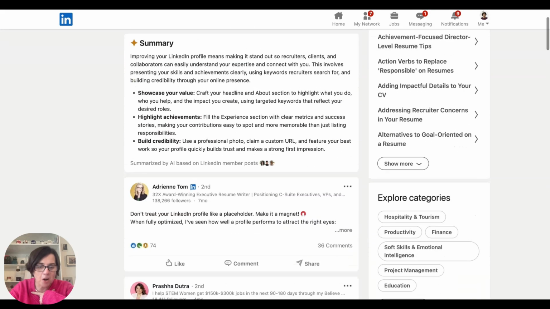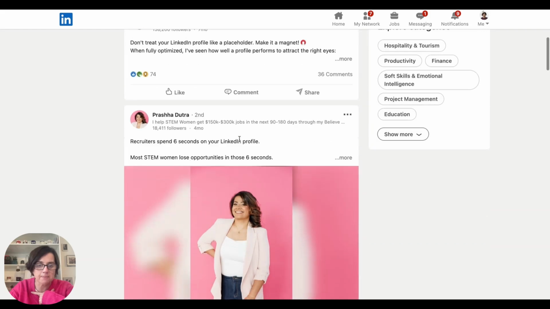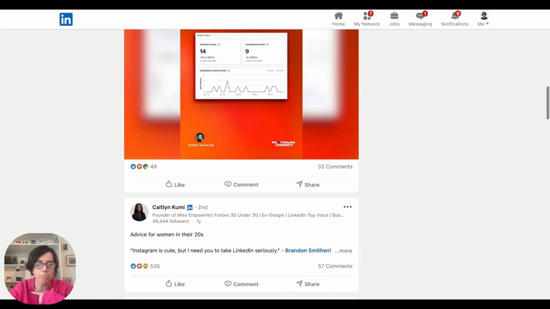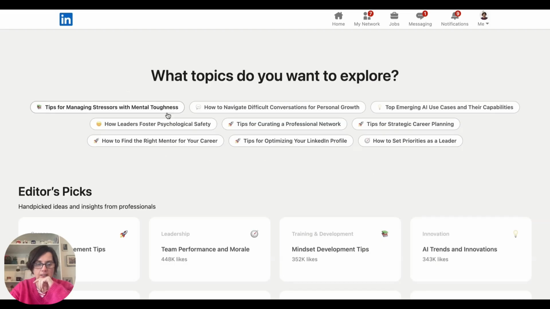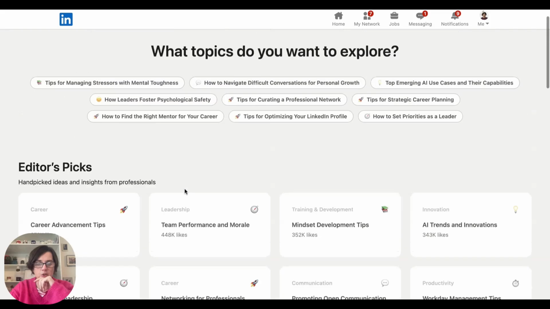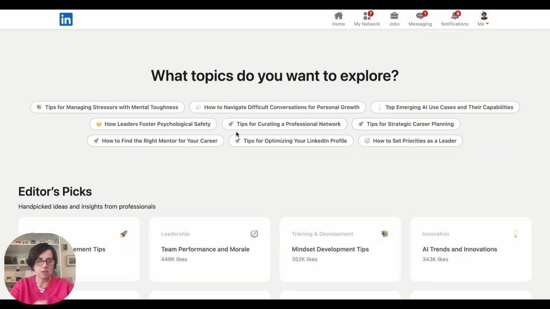Okay, right. Are they top voices? The first one's a top voice. There's a top voice. Okay. So tips for optimizing your LinkedIn profile, career, resume tips, back to top content, editor's pick. So we've got these top ones here. So stressors, difficult conversations, emerging AI use cases, psychological safety.